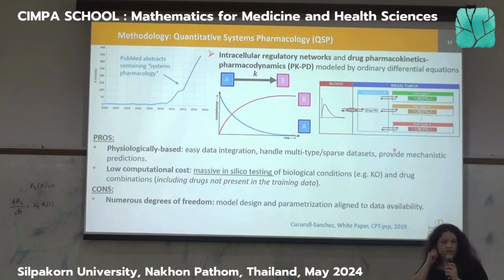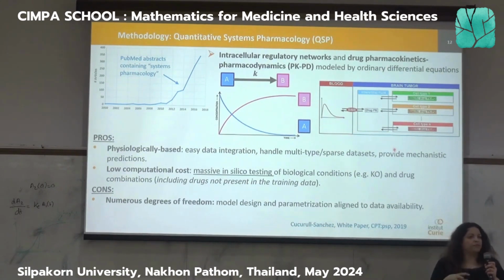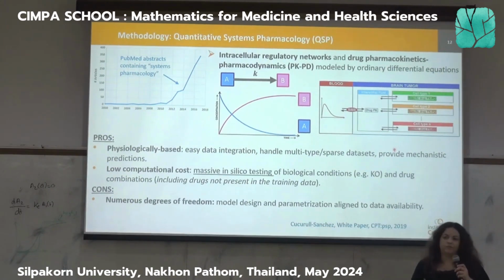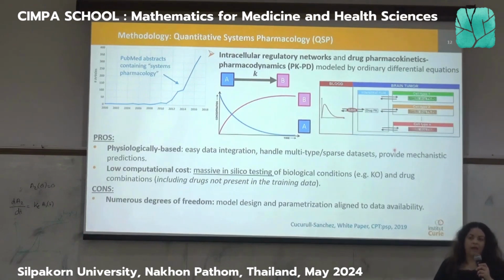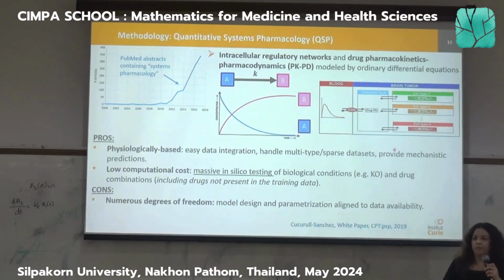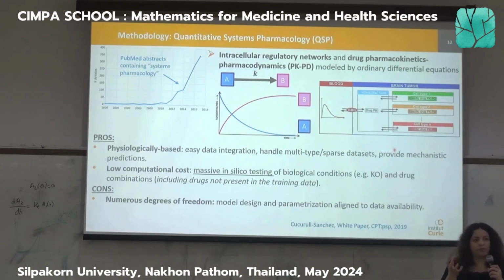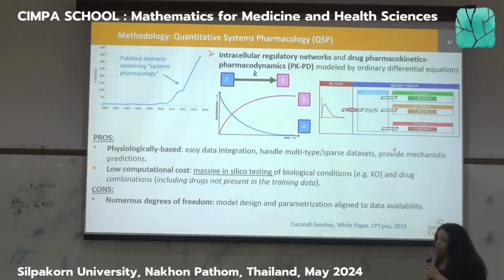In terms of computations, it's also nice because this type of mathematical model takes a few seconds to run, and so you can run them millions of times, meaning that you can challenge your in silico representation. You can do knockout, knockdown, you can do in silico drug exposure, and then do optimization to try to understand and to optimize the therapeutic strategy.